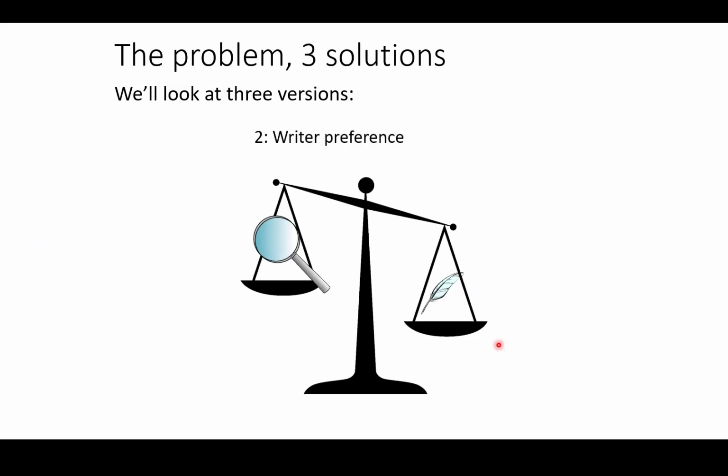The next approach is the writer's preference, and this is, well, the opposite. We make sure that the writers get access as soon as possible, so that our data is as much up to date as we can, and the readers will then potentially have to wait for a long time.